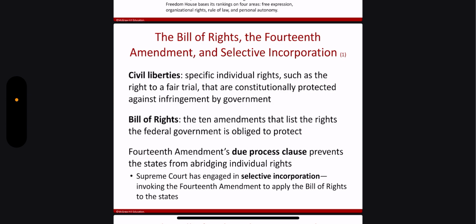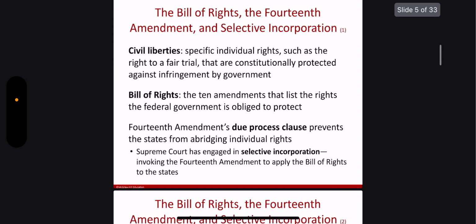But what about the states? Because for a very long time, the states could very much infringe upon those rights, even if the federal government could not. And so this is going to be one of the Supreme Court's biggest battles, to say what the states cannot do as well. And that's going to be through the use of the 14th Amendment's Due Process Clause.